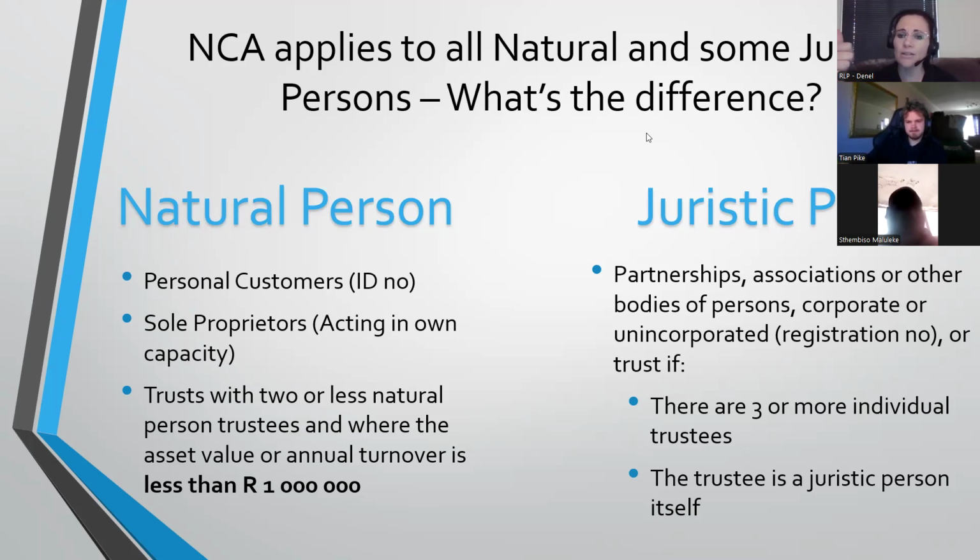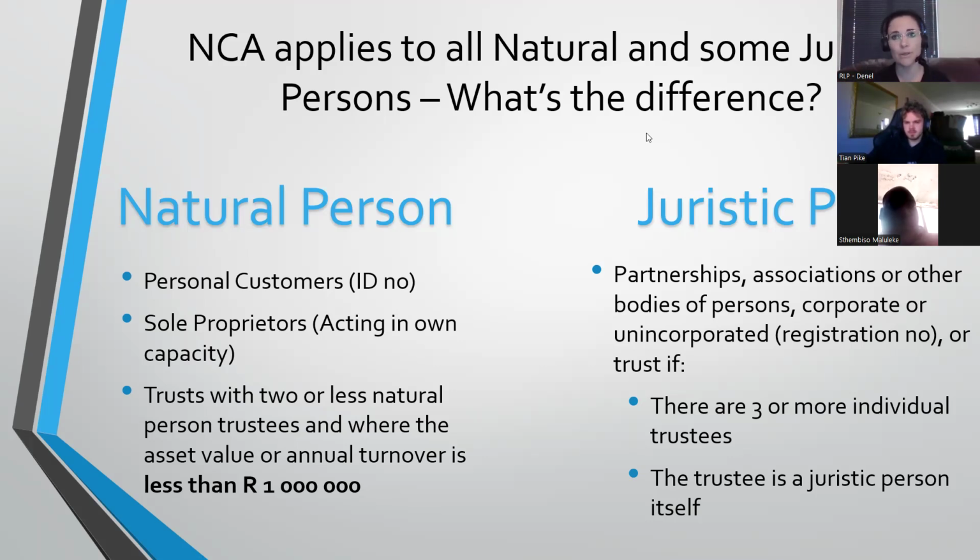So if it's a partnership, association, any bodies of persons, whether corporate or unincorporated, doesn't make a difference. But we identify them by the fact that they have a registration number. It's not an actual person, it's a company, a lot of people working for this company, and the company accumulates assets in the company's name. But they can also get credit in the company's name.